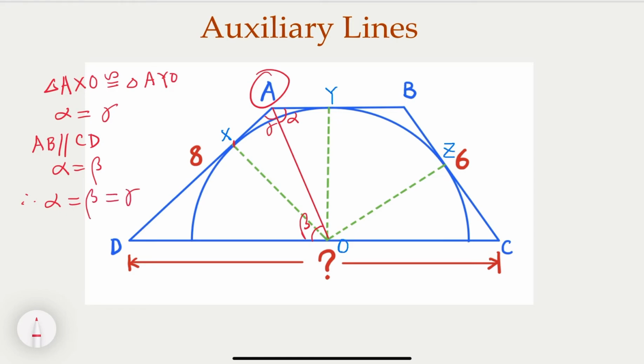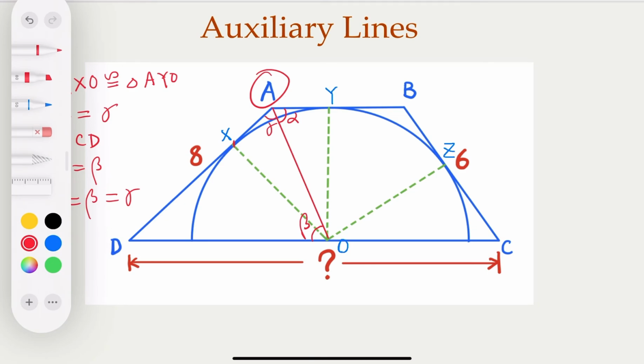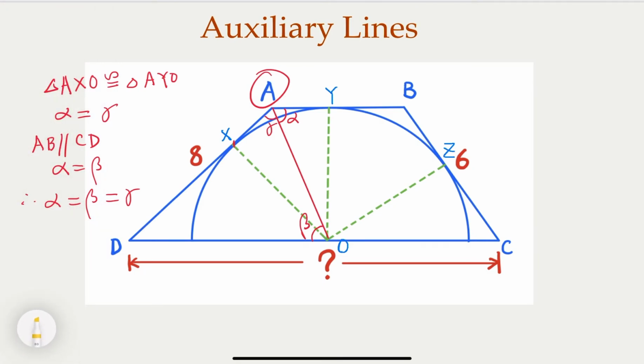Now, when you look at the other triangle here, let's highlight it. When you look at this triangle, we have just shown that beta equals gamma, which means it is an isosceles triangle. Good news.